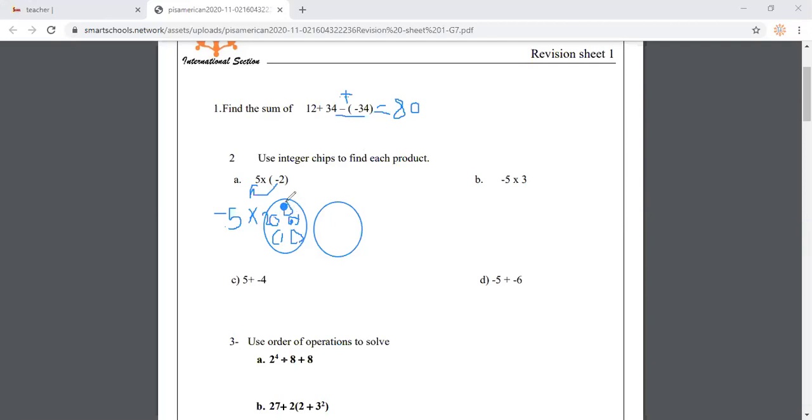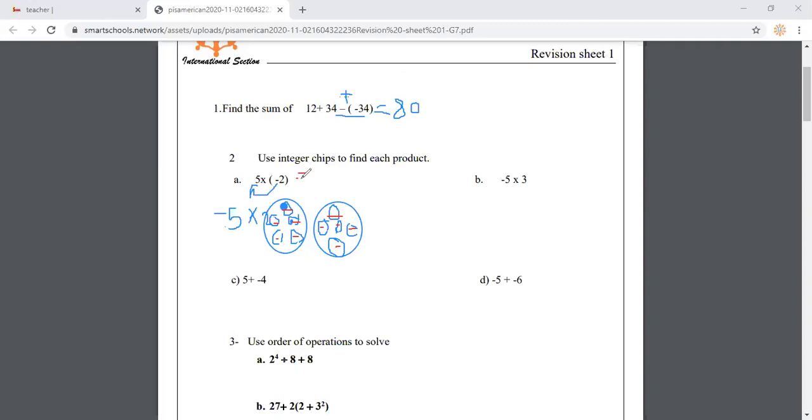Okay. And in the other one, I have 1, 2, 3, 4, and then 5. Remember grade 7, what didn't we put? We didn't put the signs. Yes, so we have to put the sign for each one. It will be negative. Okay, so I have 1, 2, 3, 4, 5.